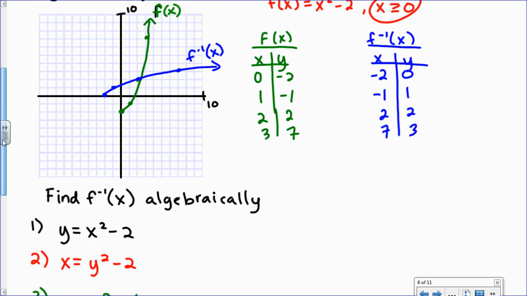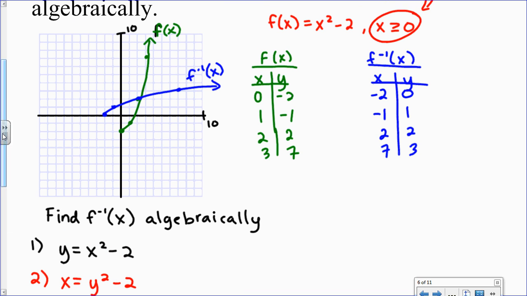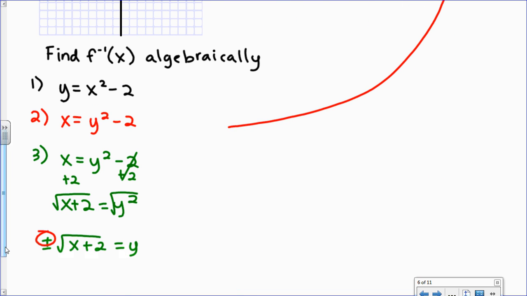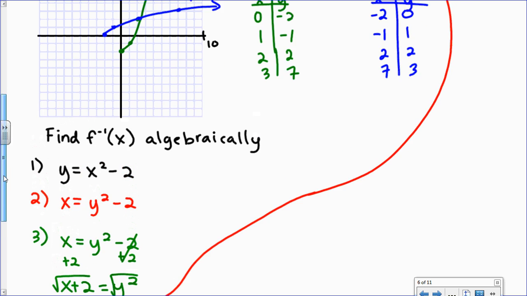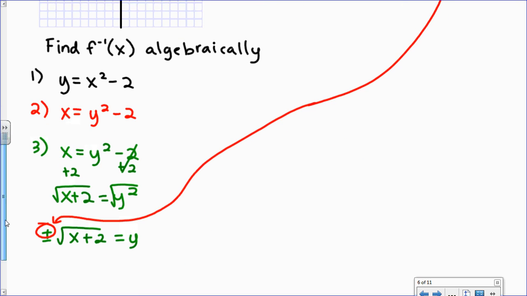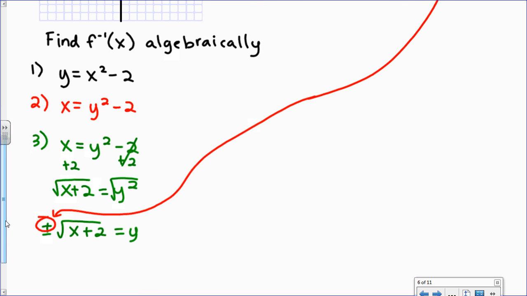If I had decided to take the left side, so if I had made this less than or equal to 0, then I would choose the negative part of the radical. Okay, so this comes back down to play. Right, so that domain restriction came in to tell me I just want the positive.